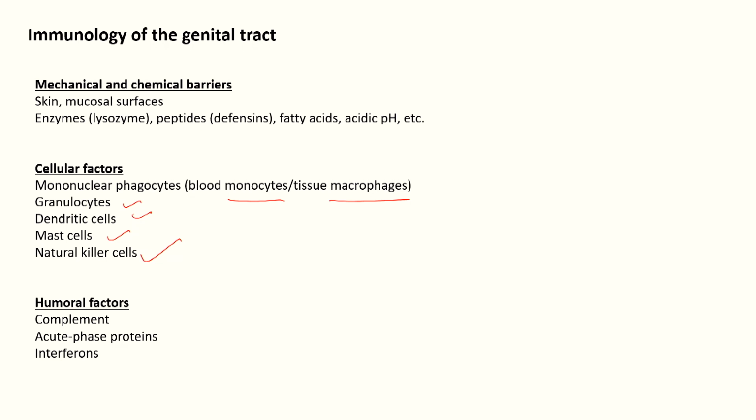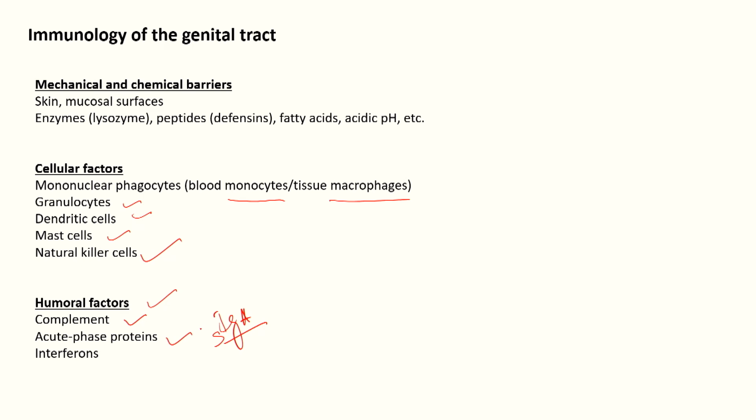So these are some of the cellular factors present in the genital tract of both female and male. Apart from that, we have humoral factors such as secretory antibody, IgA immunoglobulins. We have a dimeric form of IgA molecule which we call secretory IgA. We have complement proteins, which are typically present in the serum and are also involved in opsonization and multiple other cascades in the genital tract.